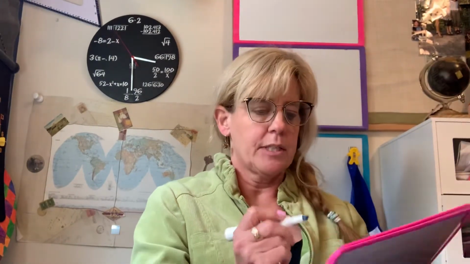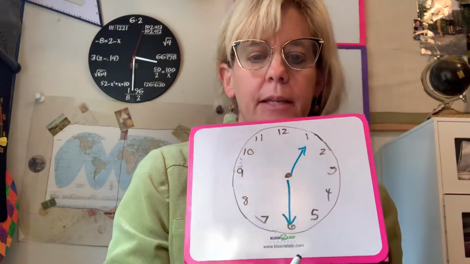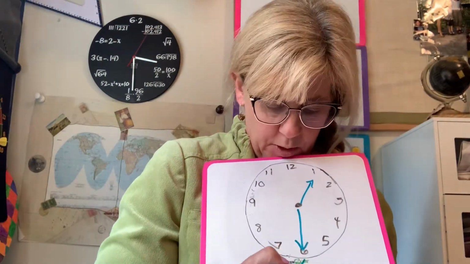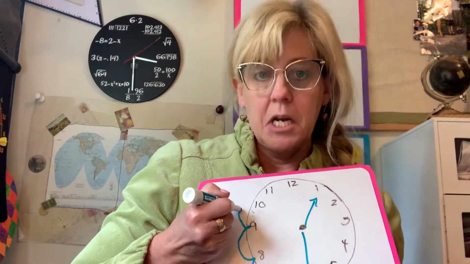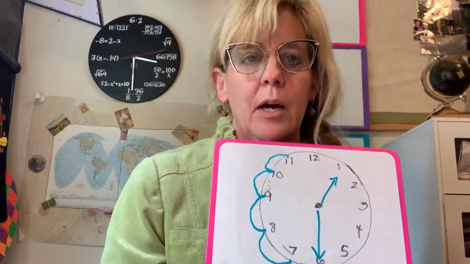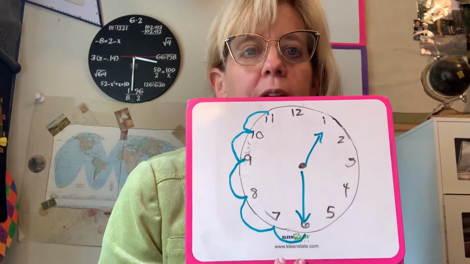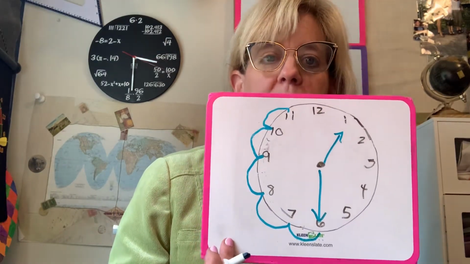I'm just going to draw my hands real quick like you're going to do on your journal page. So it started there at 1:30. Then it went to 1:55, so I'm going to go 5, 10, 15, 20, 25. So from the time that's on page 591, the elapsed time is 25 minutes. So that's what you would write down.